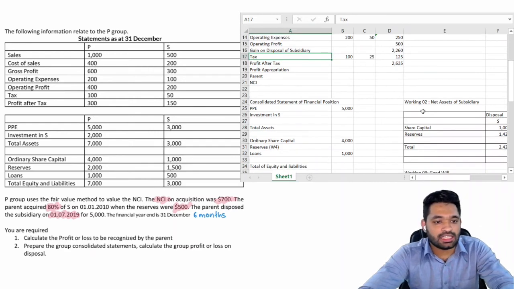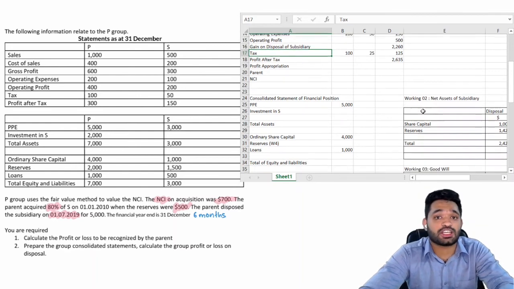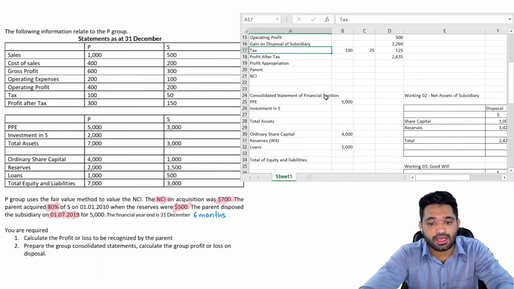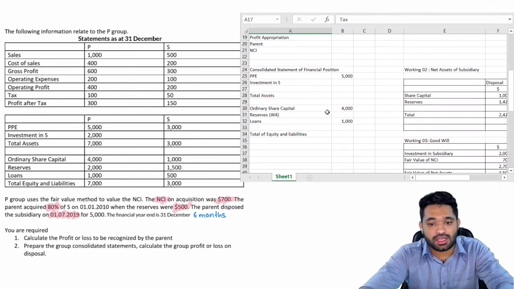Now, when you look at the financial statement, we see that the parent has not removed the subsidiary yet. He has not accounted for the disposal. So here under my consolidated statement of financial position, I will be recognizing an asset for cash to record the cash receipts. So you can call it cash or bank.